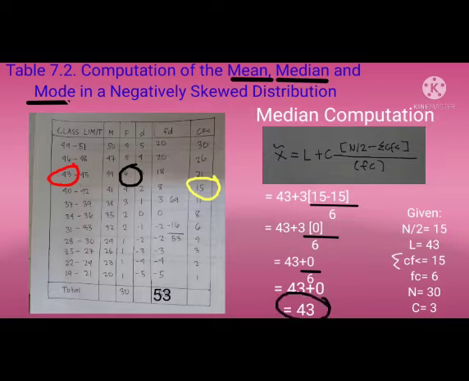So 43 is our median in a negatively skewed distribution based on Table 7.2.